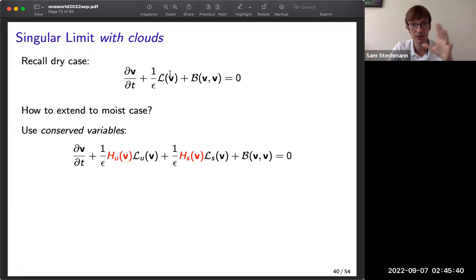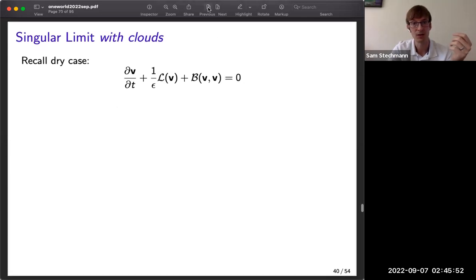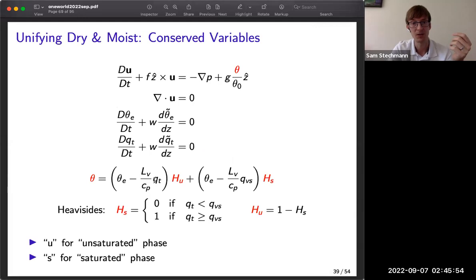It's still roughly the same format. It's just that I have to choose my linear operator differently, depending on which phase I'm in. I have these Heavisides that tell me how to choose my linear operator. So going back, that's basically telling me whether this linear term is this form or this form over here for the other phase.